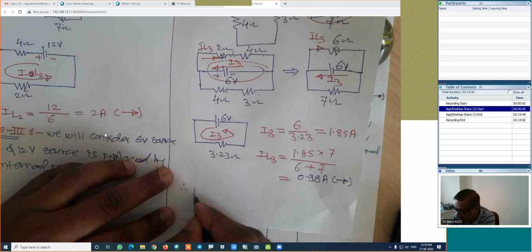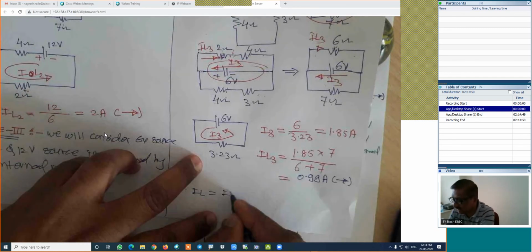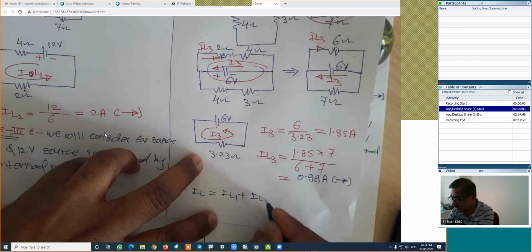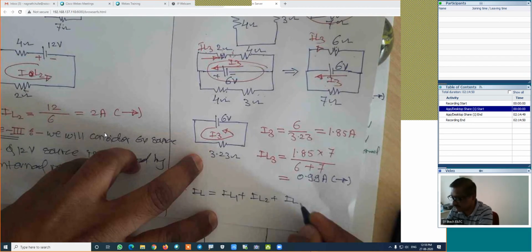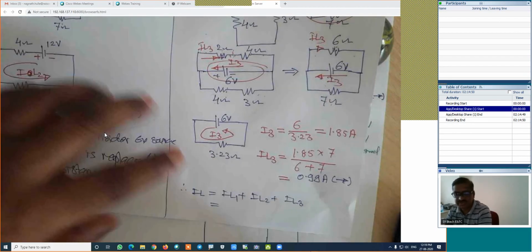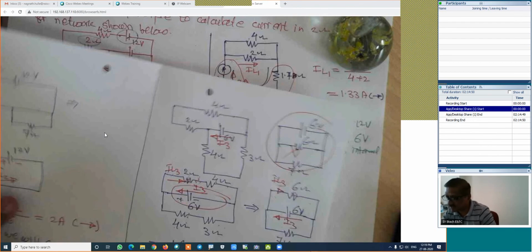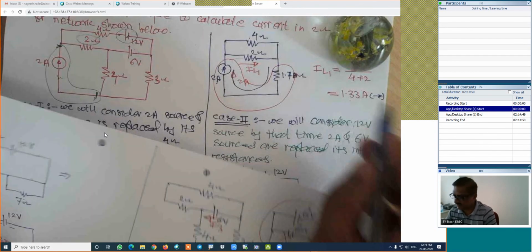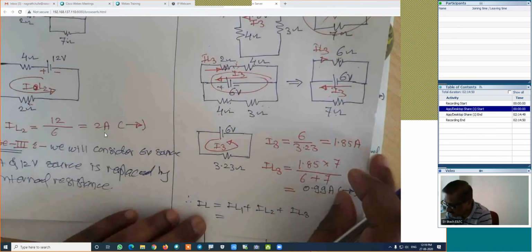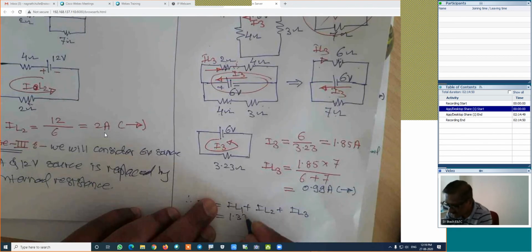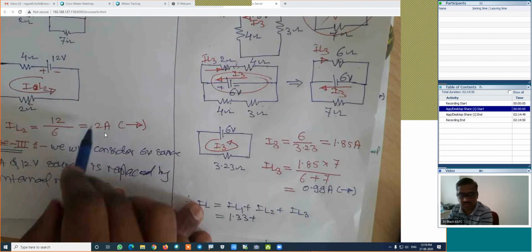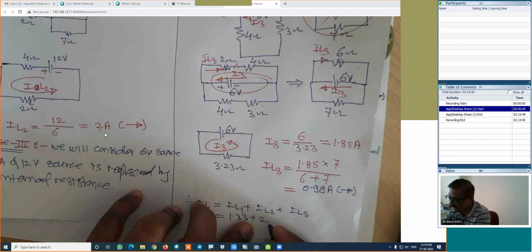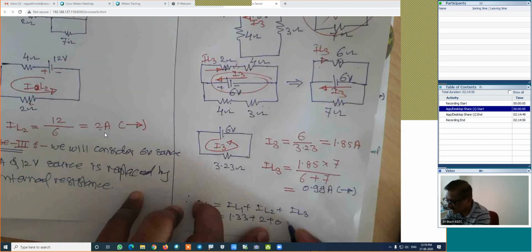Therefore, this IL is equal to IL1 plus IL2 plus IL3, which is equal to, how much is the IL1? Here, it is 1.33 amperes plus, how much is the IL2? 2 amperes. Plus IL3, it is 0.99 amperes.